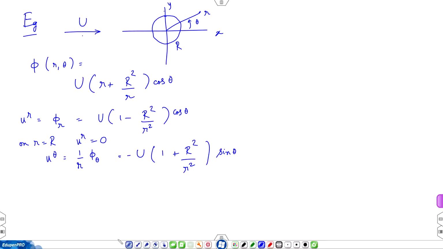So, on r equal to capital R, u_theta is equal to minus 2 U sin theta.